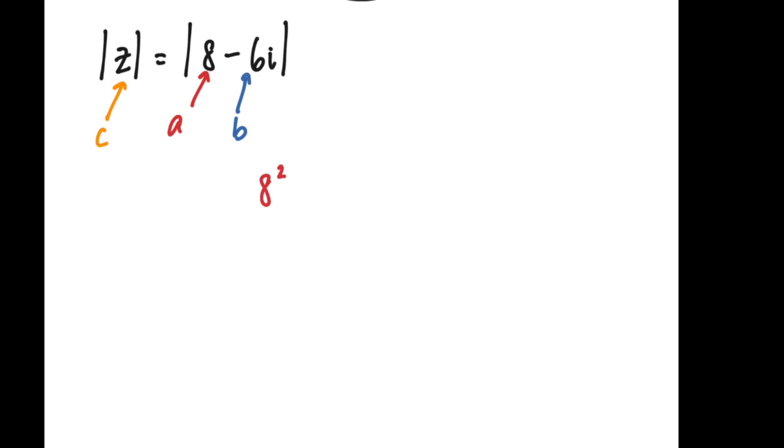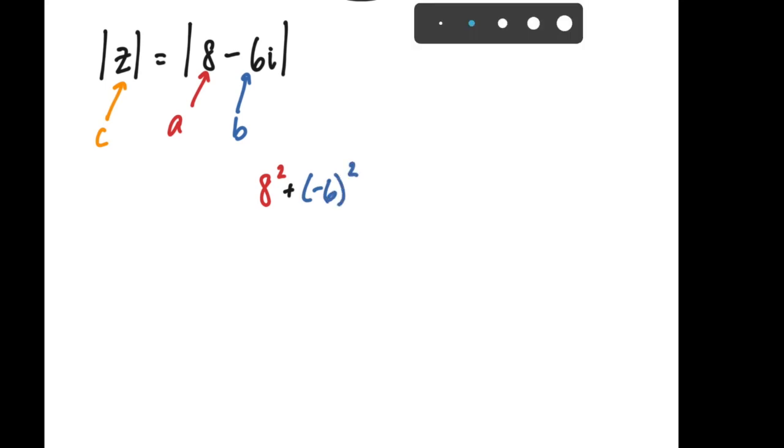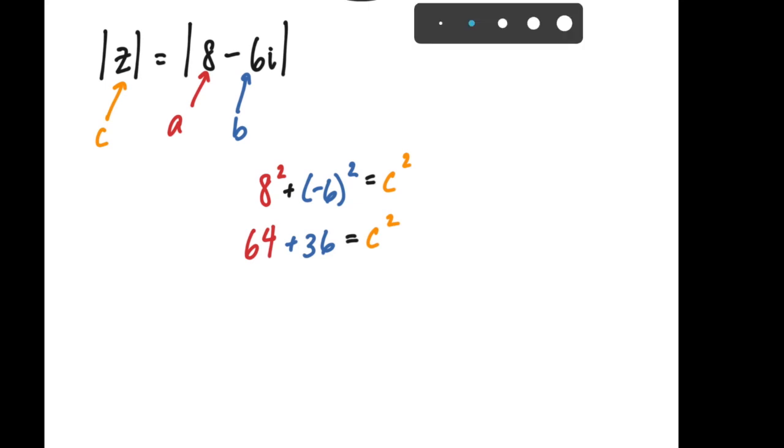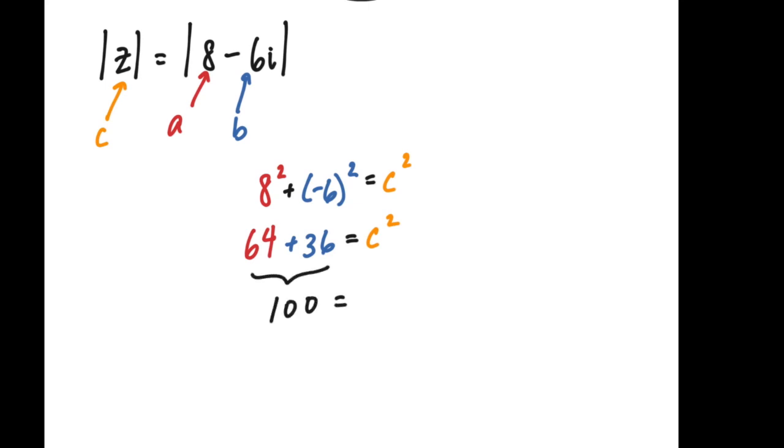So that's going to be 8 squared plus negative 6 squared equals C squared. 8 times 8 is 64. Negative 6 times negative 6 is 36. 64 plus 36 is 100. If I take the square root, C equals 10.